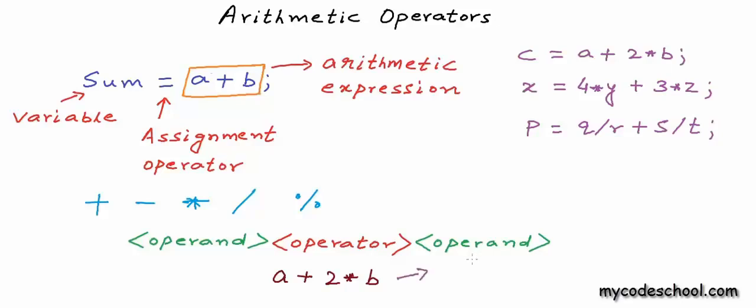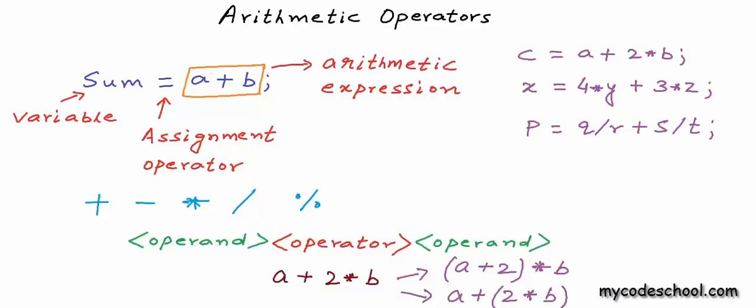If we are performing the addition first, then for addition operands are a and 2, and for multiplication operands are a plus 2 and b. But if we are performing the multiplication first, then operands for multiplication would be 2 and b, and operands for addition would be a and this expression 2 into b.